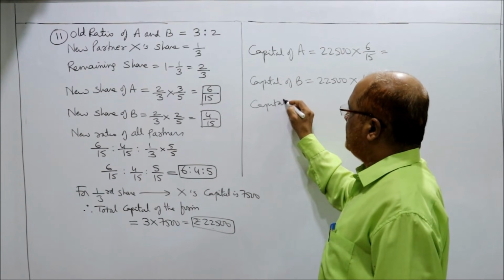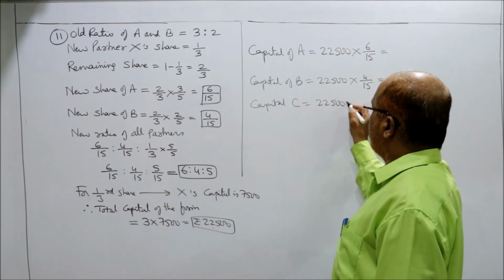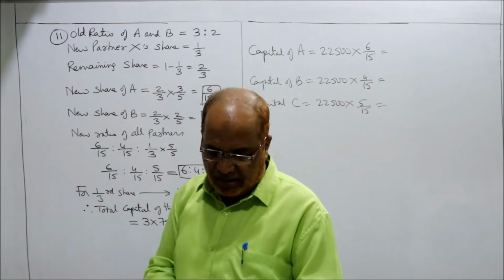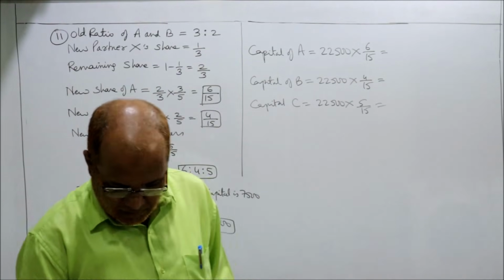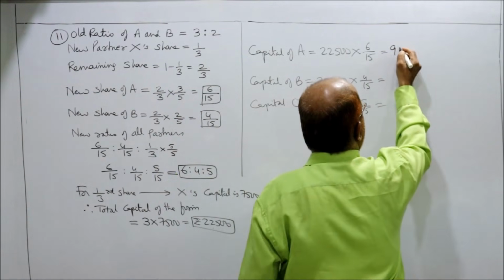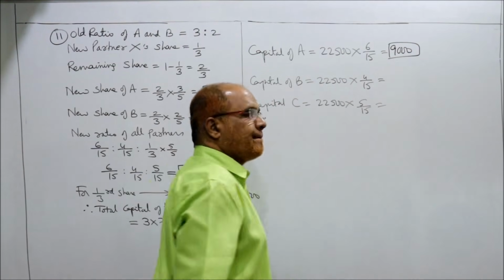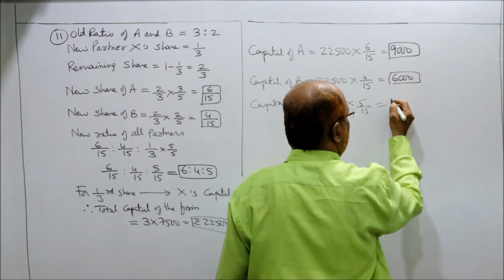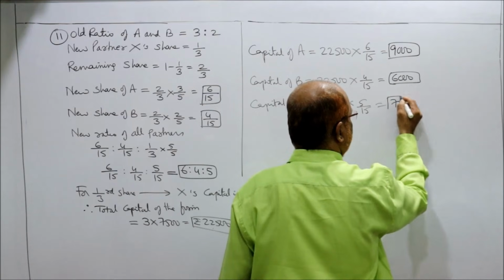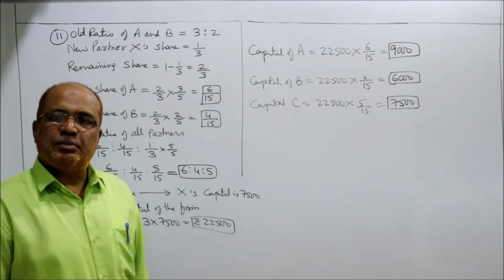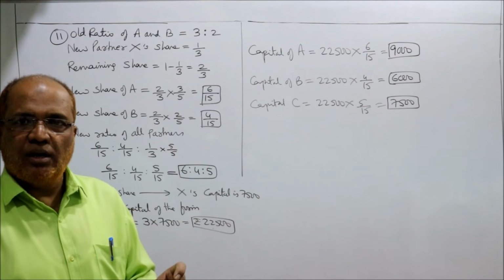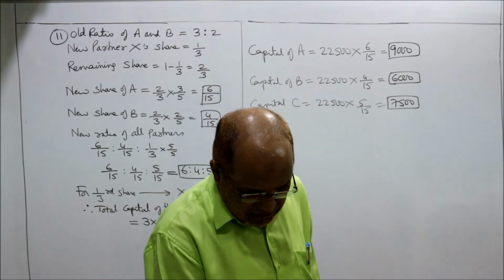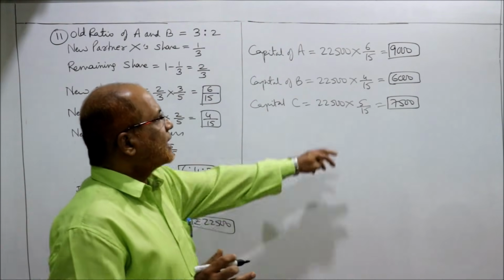Capital of C into 5/15. So 22,500 into 6/15, 9,000. Then here it is 6,000. Here it is 7,500. This is the adjustment of capital according to new profit sharing ratio. At present, what is the capital of A given in the problem? At present, the capital of A is 12,000, but he needs a capital of 9,000.